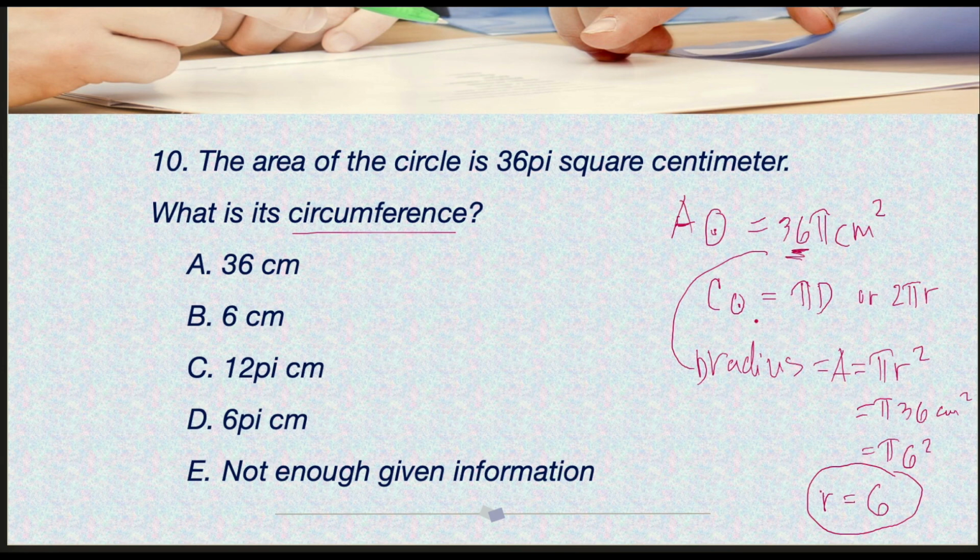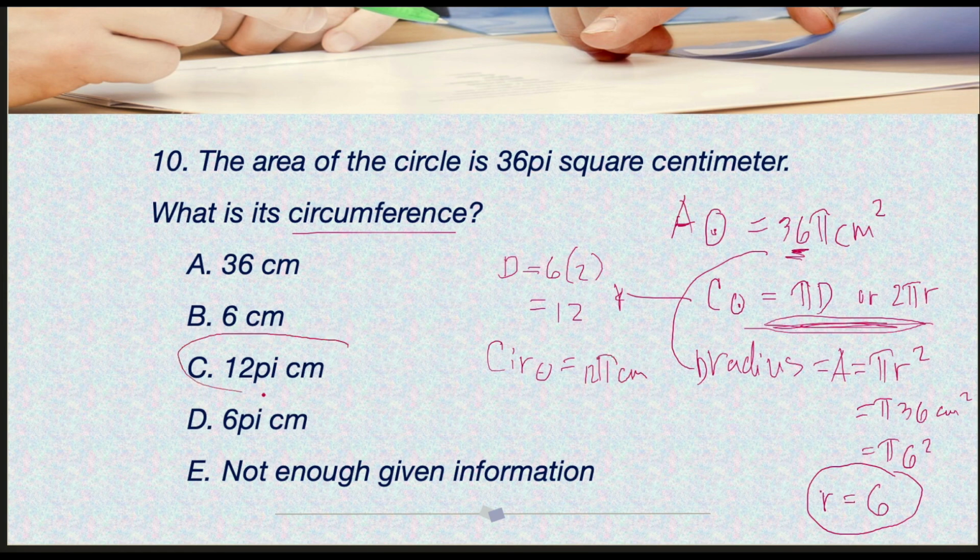But the question is circumference, so we'll be using this formula for the circumference. If the radius is 6, what's the diameter? Diameter is 2 times the radius, so diameter is 6 times 2, which is 12. And our circumference of the circle is equal to pi d, so that is 12 pi centimeter. The answer is letter C.